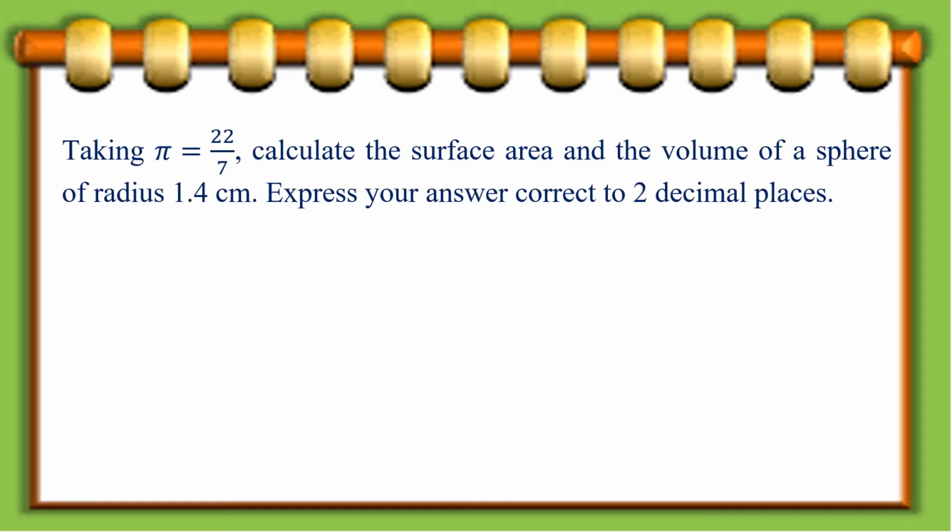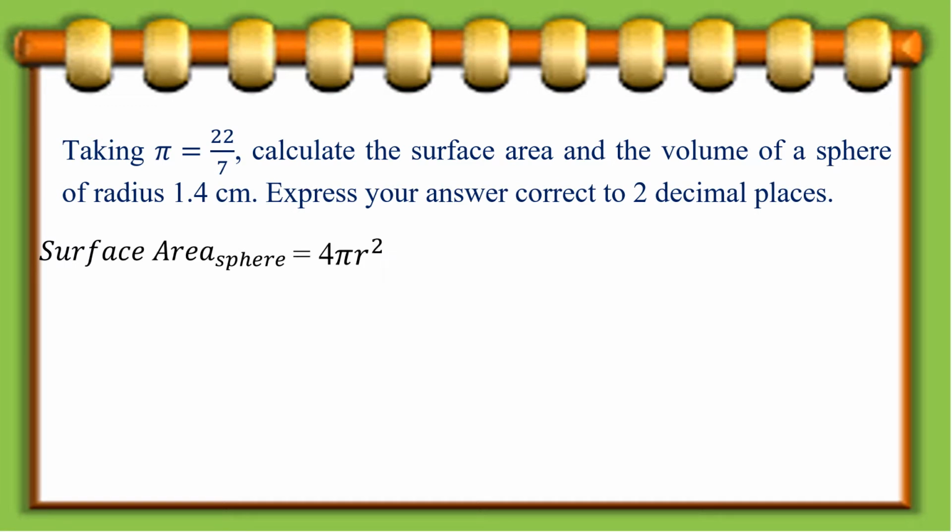So let us have example number 1. Let us read together the problem. Taking pi equal to 22/7, calculate the surface area and the volume of a sphere of radius 1.4 centimeters. Express your answer correct to 2 decimal places.